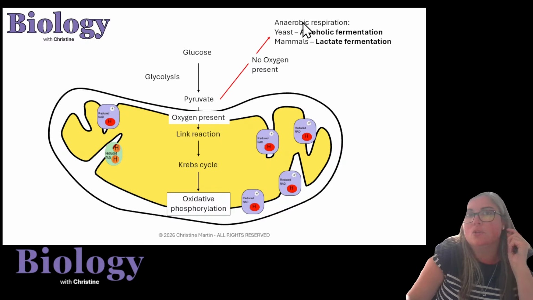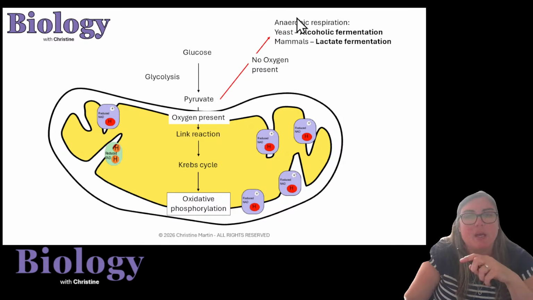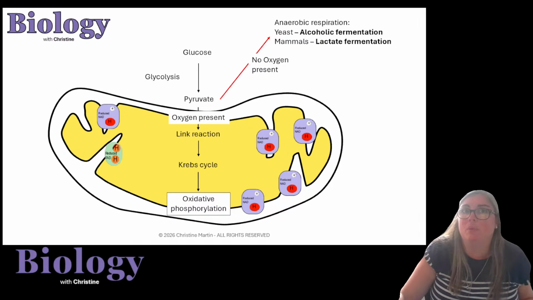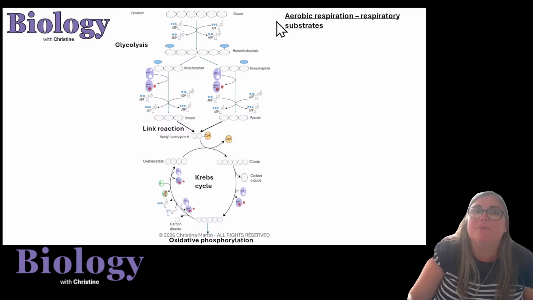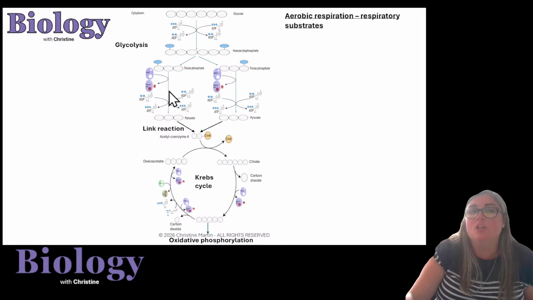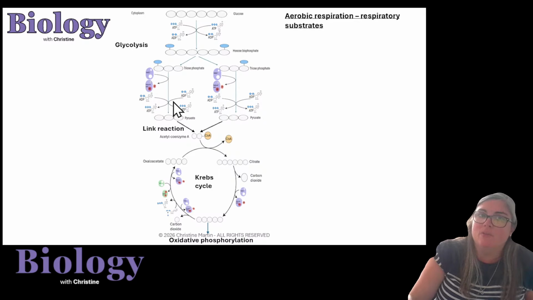I do feel like anaerobic respiration is coming up, but I'm not sure whether it's going to be in paper 1 or paper 2 linked to biotechnology, or whether it's going to be in paper 3, but I do feel like that's coming through. So you should know the stages of glycolysis. You should know about the phosphorylation, the lysis, the dehydrogenation, and the substrate level phosphorylation.